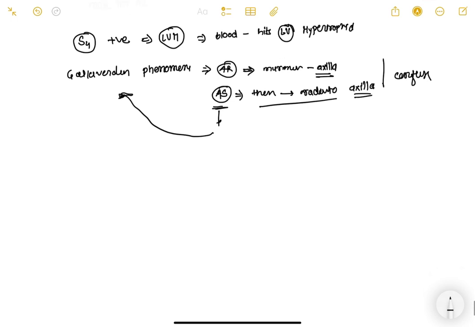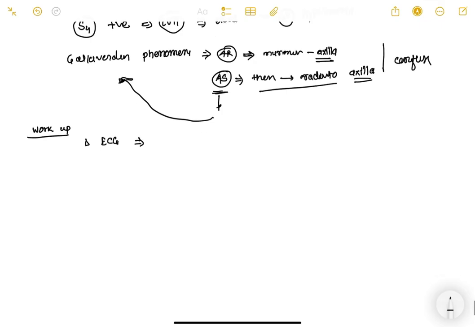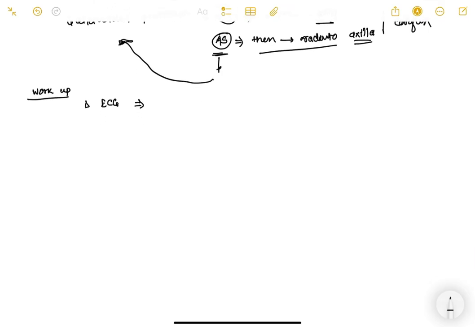Now what type of workup will we do? First you will do an ECG. What are the findings of ECG in left ventricular hypertrophy? Can you remember? There is an S wave in V1, and there is an R wave in V5 and V6.